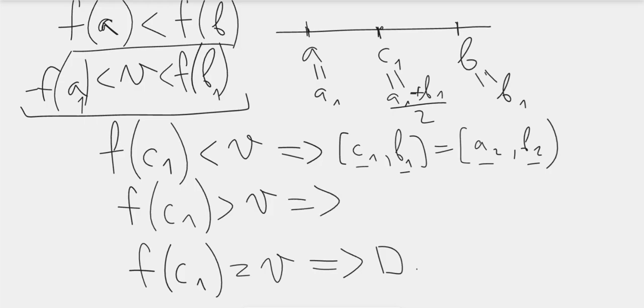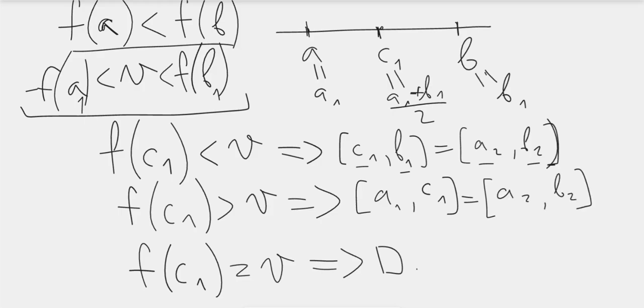And in the other case, we take the interval from a1 to c1 and denote it as a2, b2. So we define the interval a2, b2 as one of these two intervals. c1 divides the whole interval from a1 to b1 into two halves, from a1 to c1 and from c1 to b1.